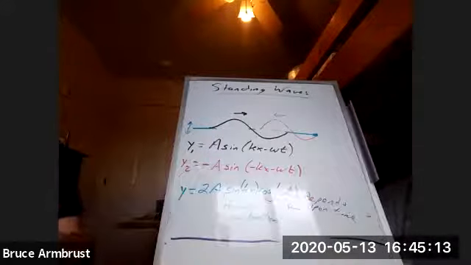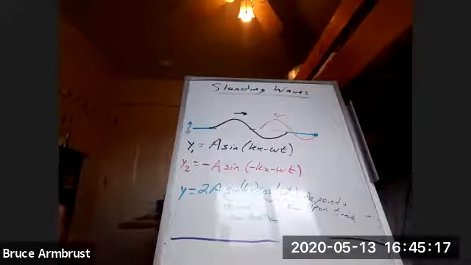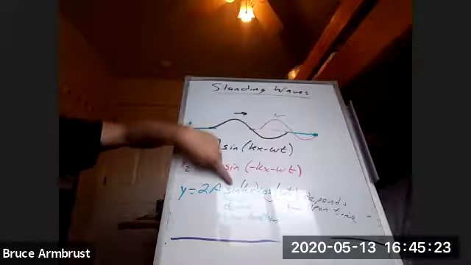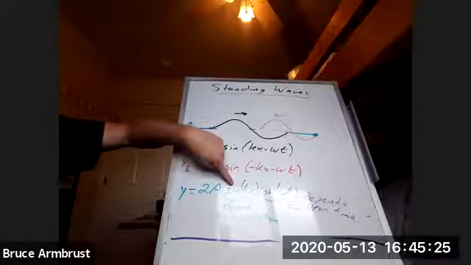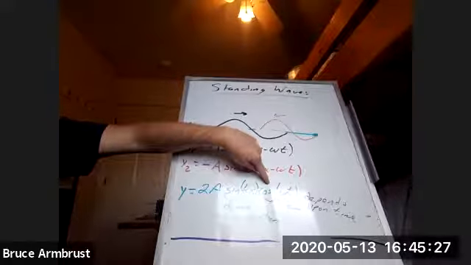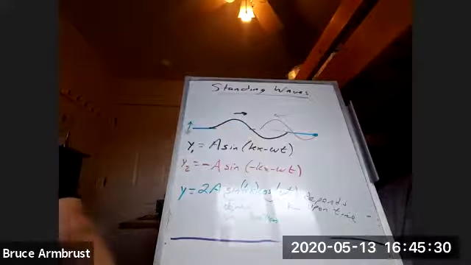So basically, what we're going to get is a wave on our string whose amplitude depends on where we are and when we're at that point.